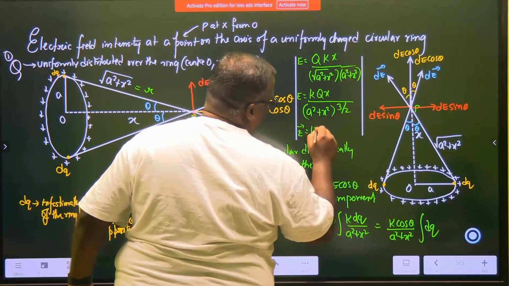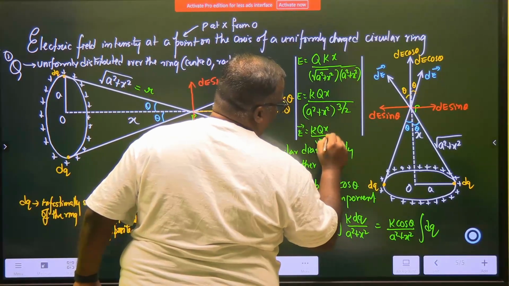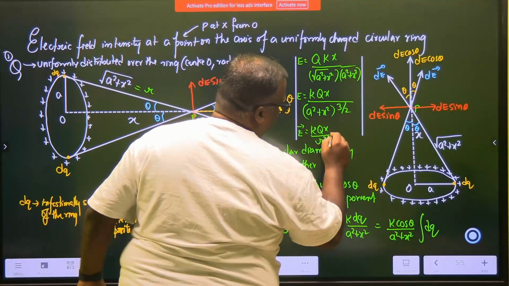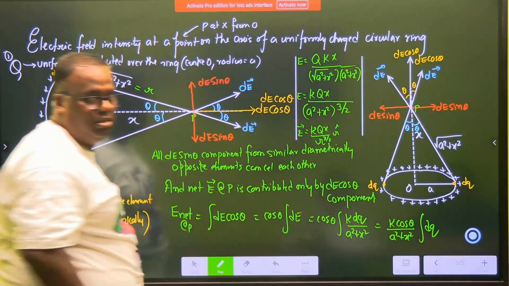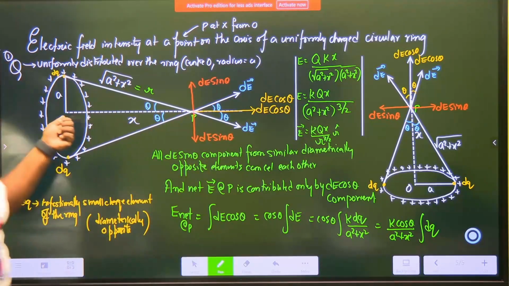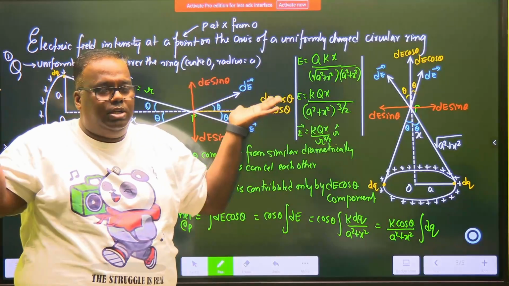Children, now you know everything about vectors: kqx divided by r to the power 3 by 2, r cap along the direction of the vector. Now a question arises, what is the electric field intensity at the center? When you come at the center, x becomes 0. So electric field intensity is 0.